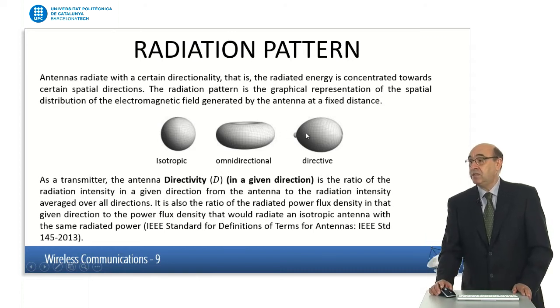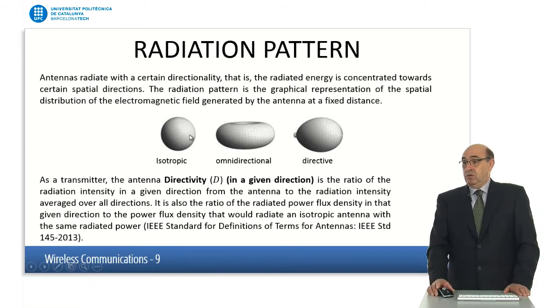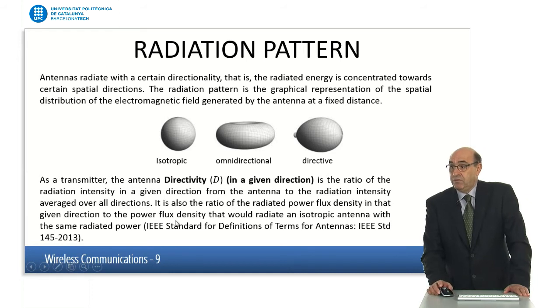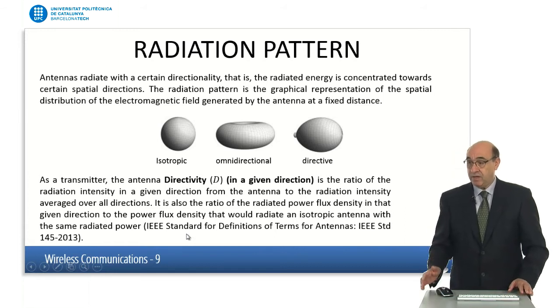And here you will see that the directivity is even larger because this value is much larger than this one. So this is just the definition, and for the definition of terms you may go to this standard. It's an IEEE standard that defines all the terms used in communication systems.